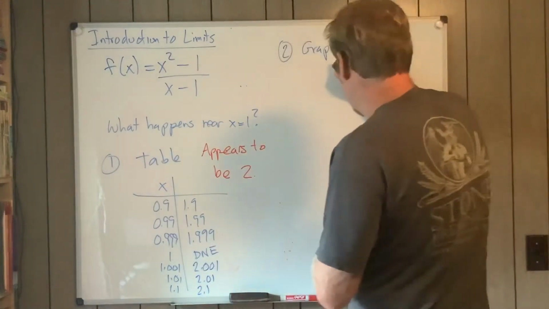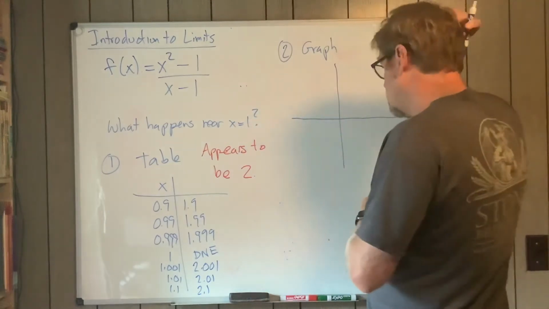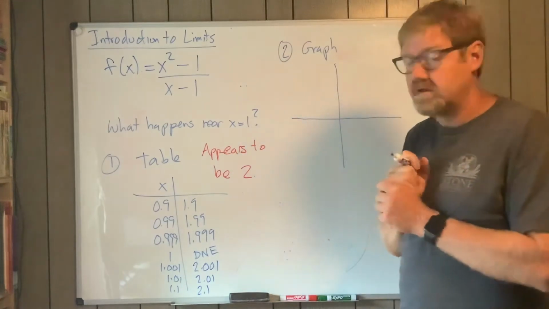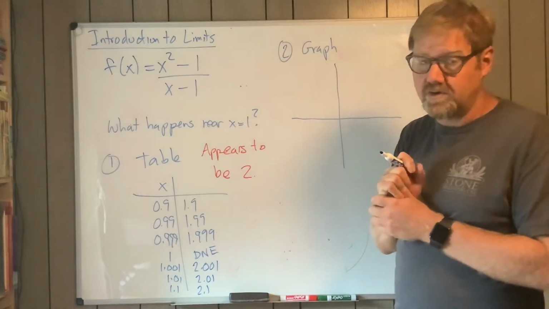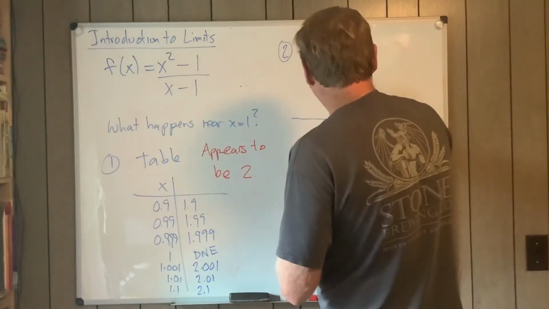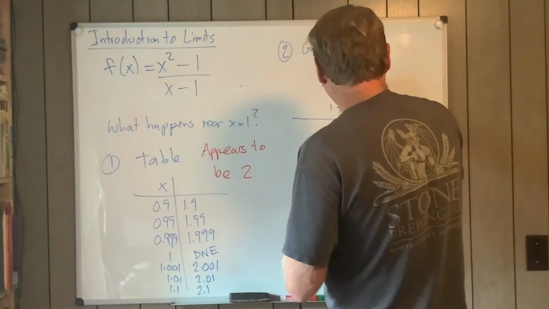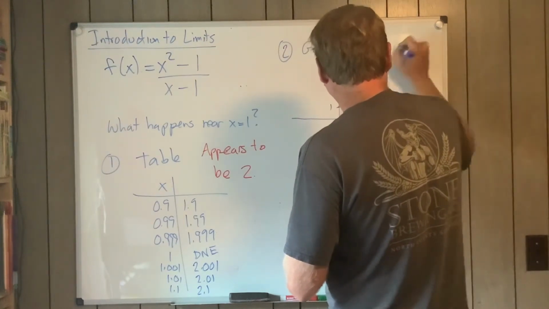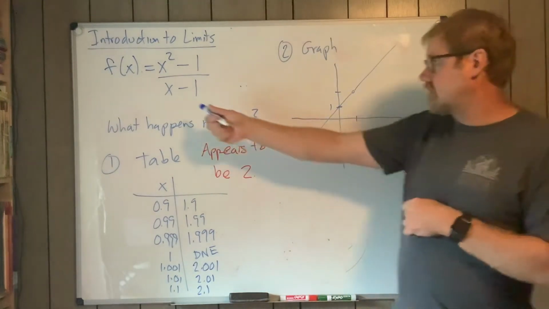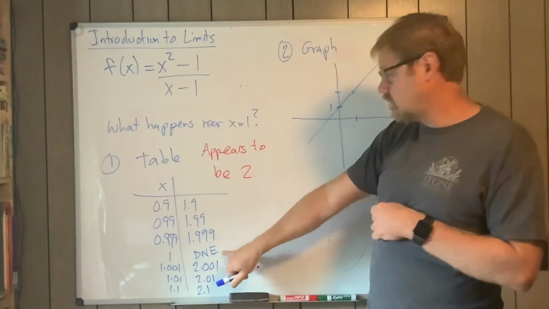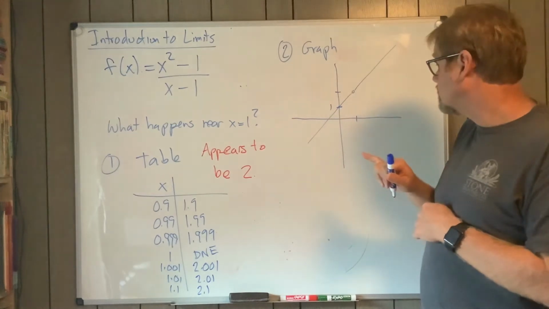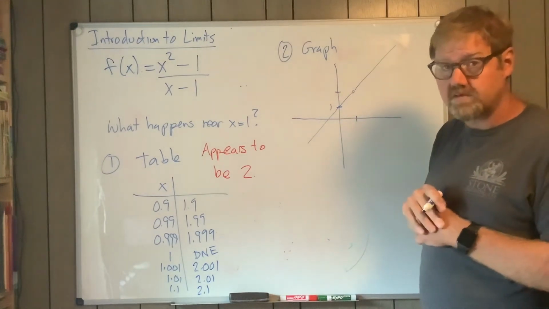Let's look at a graph. Now, this is fairly complicated. This isn't one of those standard things that you should know how to do, although it's actually really just a line. I put a hole there because, again, when I plug in x equals 1, it's not defined. So that's not part of the domain, so I leave that open.